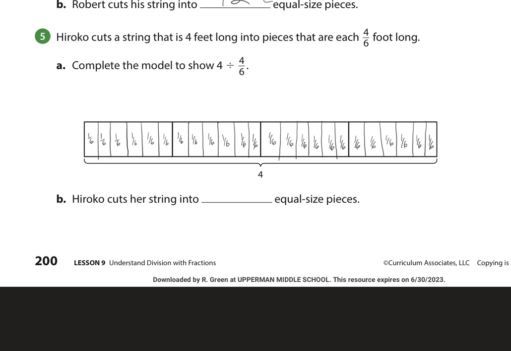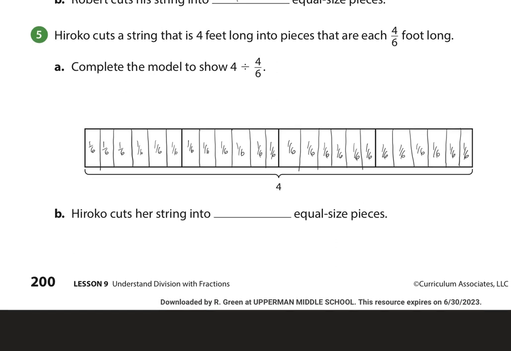All right, I'm coming back a little bit earlier. You can see now that I've got the 4-foot long piece of string. And now I'm going to model cutting them into 4/6 groups. There's one group of 4/6. There's a second group of 4/6. 3, 4. It's another group of 4/6.